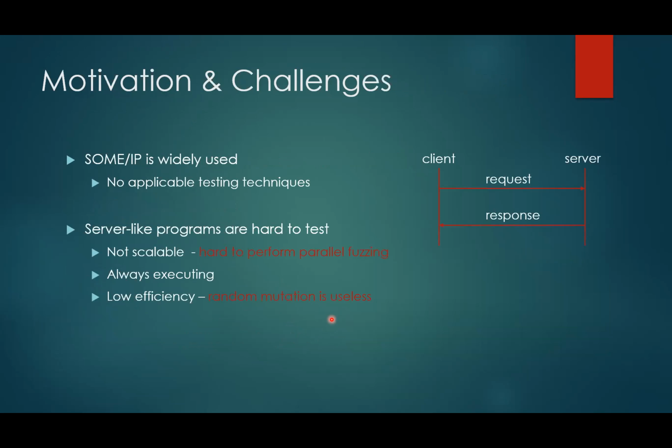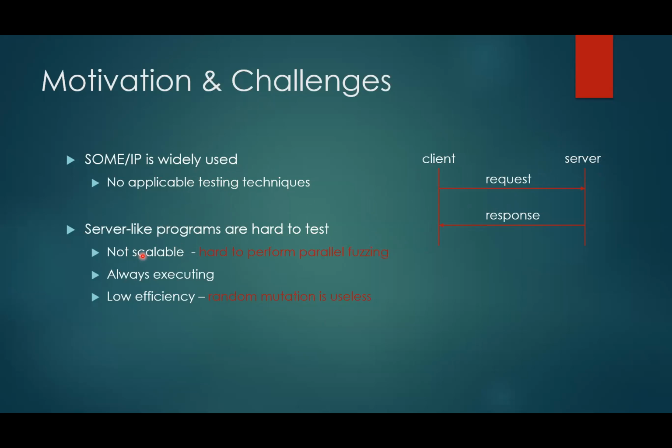SOME/IP is a very interesting target, because it is widely used in the automotive industry. However, it is not well tested, because currently there are no applicable testing techniques for the SOME/IP protocol. Why? It seems very simple, right? But why is it very hard to test? Because server-like programs are very hard to test.